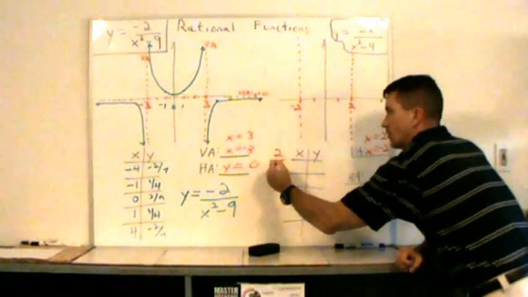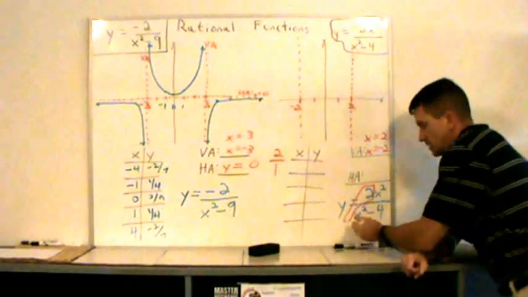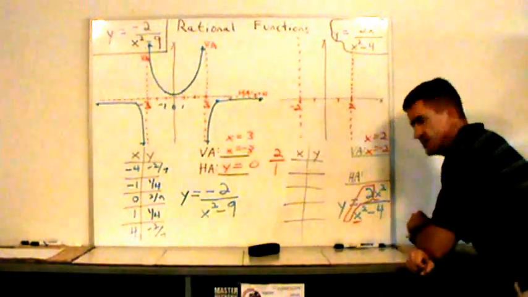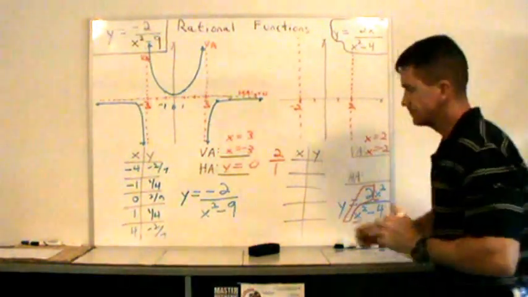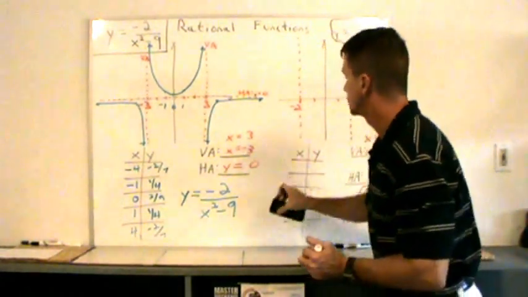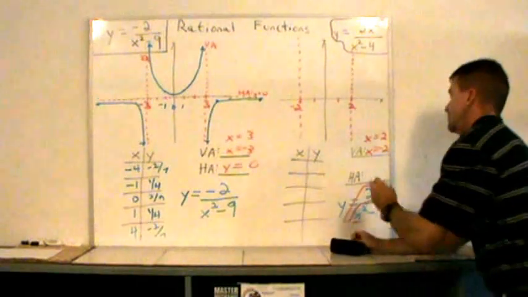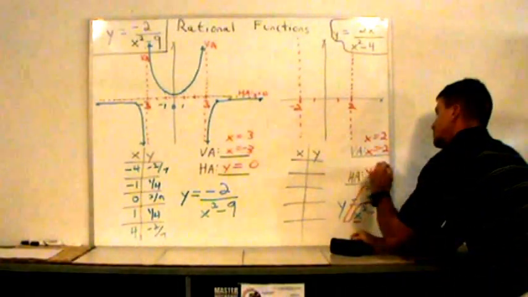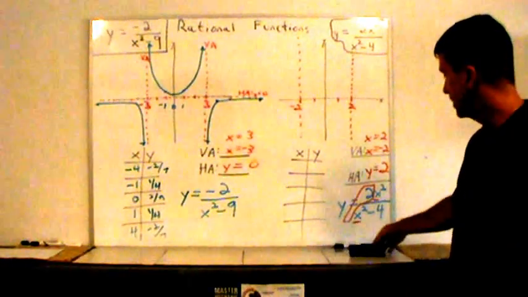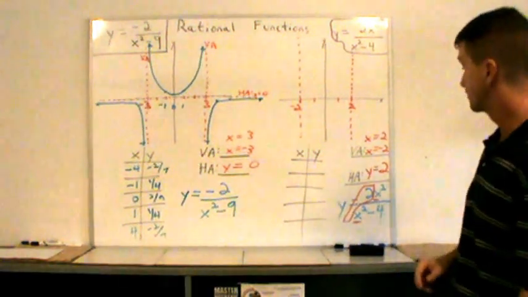That's the coefficient to this right there. Yeah, you get minus 4. Ignore that. That's a 2. So, that's how you find your horizontal asymptote. Y equals 2 if the highest exponent in the top and the bottom are the same.